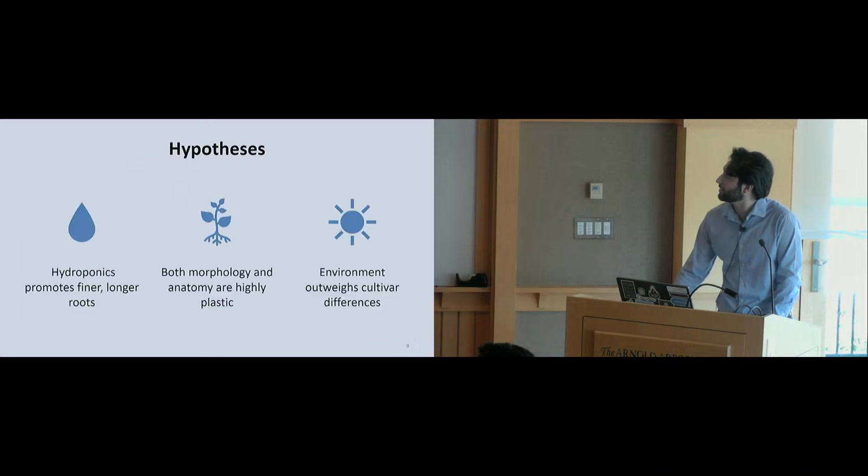First, that hydroponics would promote longer, finer roots, and we'd see a discarding of the lignification that we see in some of those soil roots. Second, that both morphology and anatomy would be highly plastic in response to growth systems, as we'd seen in some of the other crops. And third, that environmental changes would outweigh cultivar differences.